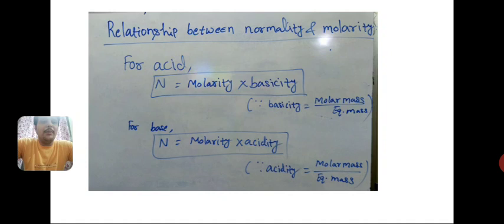The basicity of H2SO4 is 2, so normality is 2 into 2, that is 4. So we can find the direct answer, right students? And suppose normality is given and we have to find molarity, so what can we put? We can write molarity equals normality upon basicity for acid, and for base molarity equals normality upon acidity.